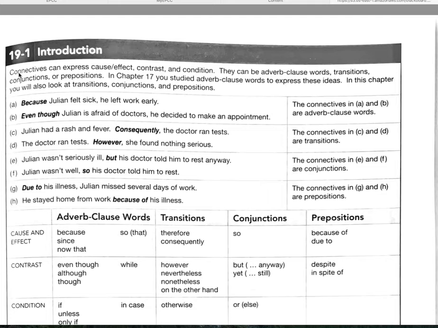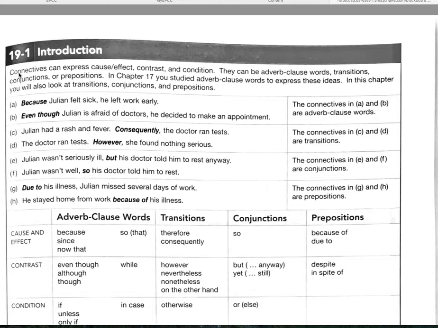They can be adverb clauses, words, transition, conjunctions, or prepositions. In chapter 17, you studied adverb clause words to express these ideas. In this chapter, you will also look at transitions, conjunctions, and prepositions.